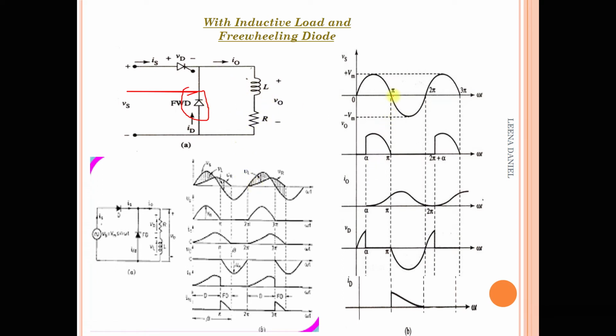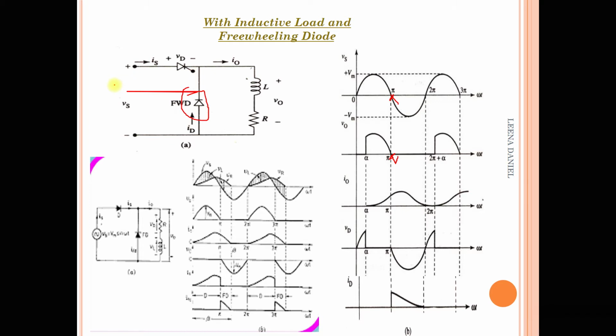When at omega t equal to pi the input voltage comes down to 0, see in this waveform, the voltage comes down to 0, it does not go negative. So what would happen?